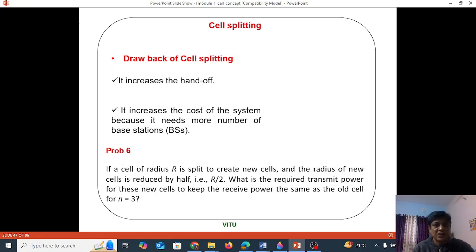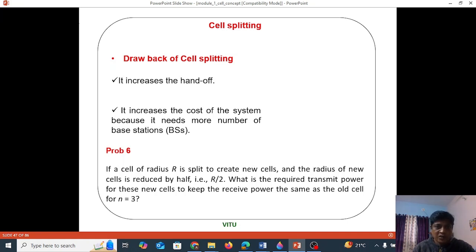So these are the drawbacks. Obviously, if you want to get something, you have to pay for it. The same thing is here. We are achieving higher capacity. We are splitting the cells, reusing the frequency more number of times, and increasing the capacity of the system. So we are paying in terms of more handoffs and system cost.